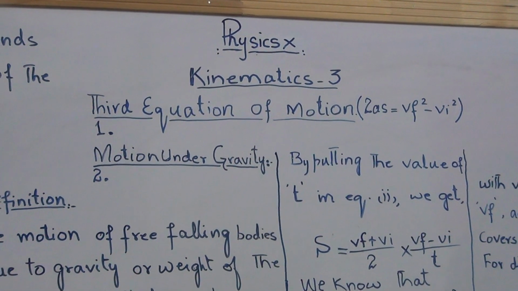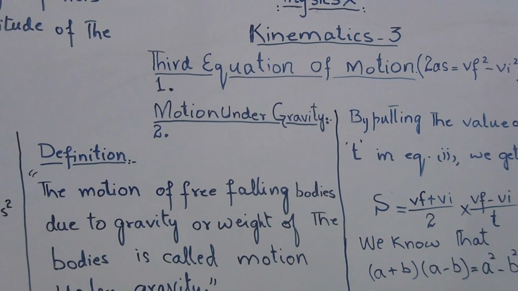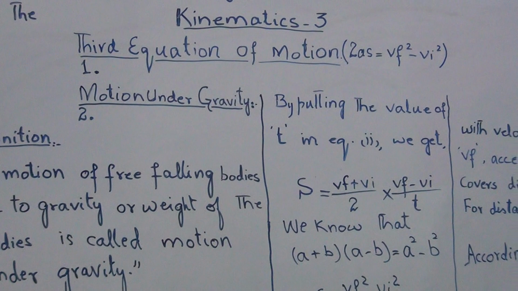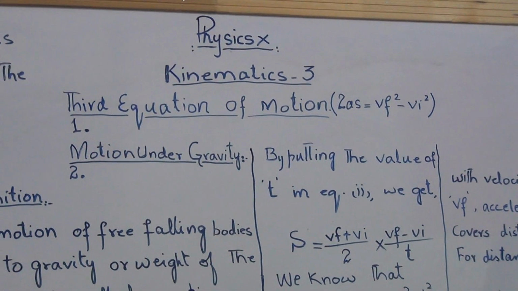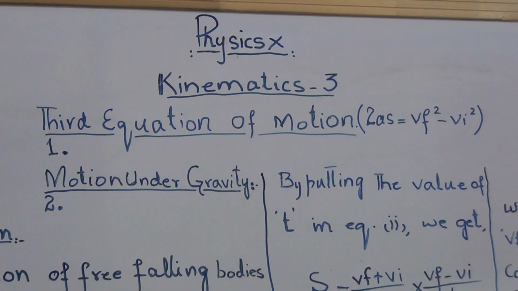Now we will start with the third equation of motion, which is 2As is equal to Vf square minus Vi square. So we have to derive it. Likewise, when there is a derivation, there is a diagram.